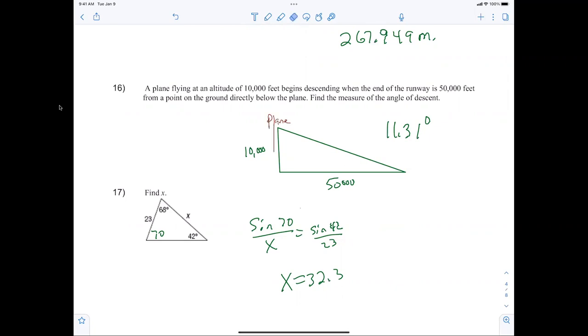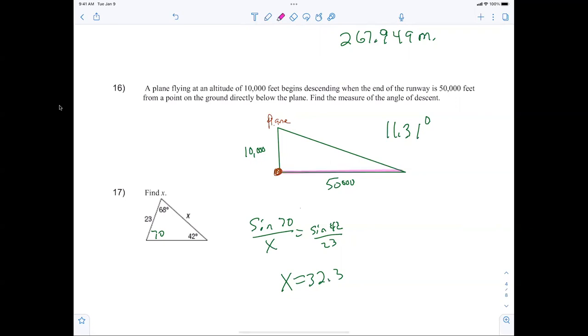Here's my plane. He begins to descend. Now, here's where the key was. When the end of the runway is 50,000 feet from a point on the ground directly below. So here's the point directly below the plane, right? So then this was the 50,000 feet.